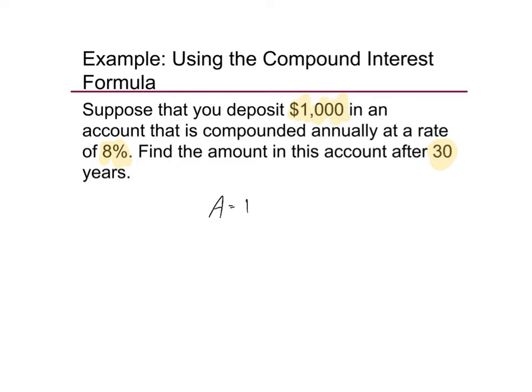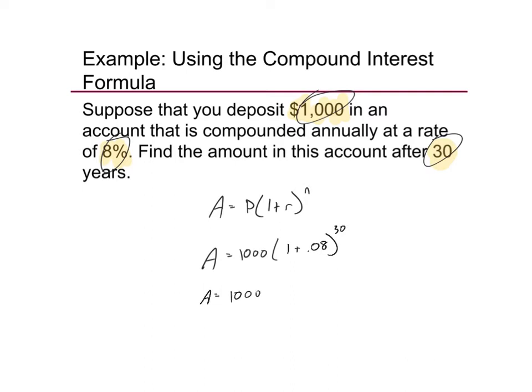A equals P times (1 plus R) to the n, and then substituting 1,000 is the principal, 8% is the rate, but I'm going to write that as 0.08, and n is the exponent, the 30 years. All right, so first I'll condense what's inside my parentheses to 1.08 raised to the 30th power, and then let's type that into our calculators.